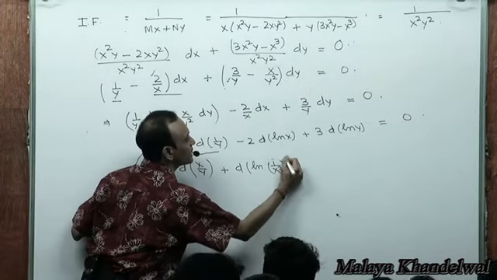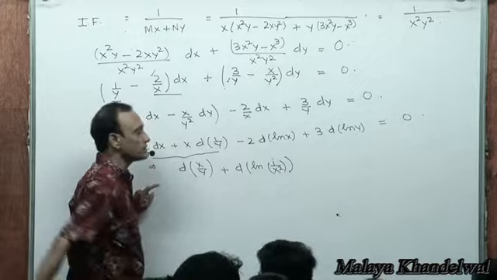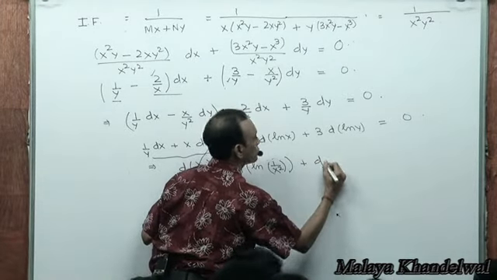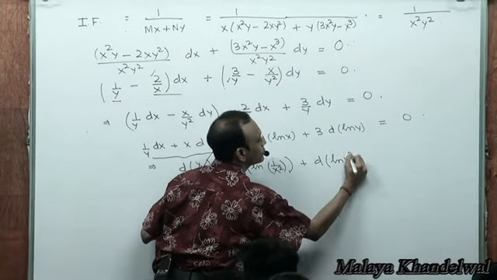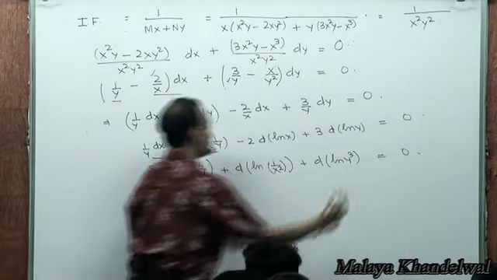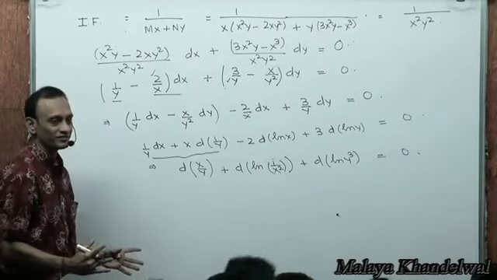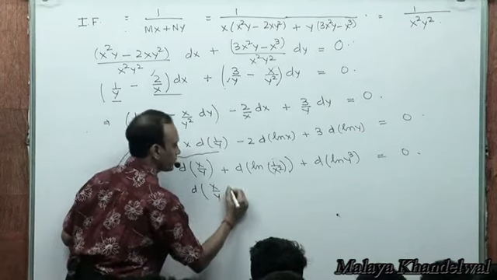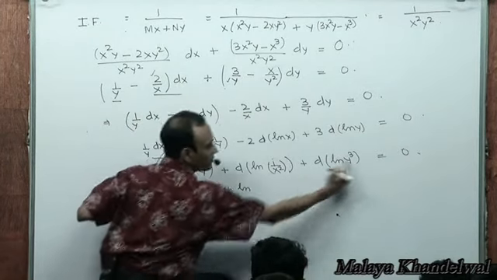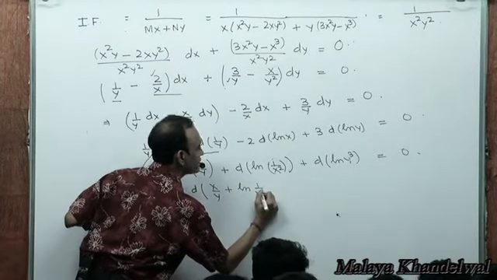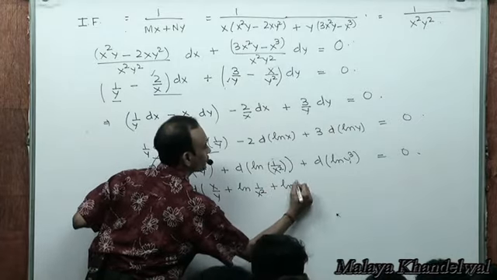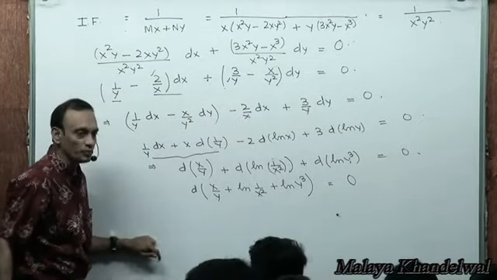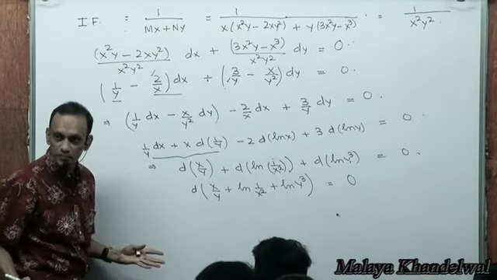I'm using up the minus sign also, minus 2, so d of log of 1 by x squared plus d of log y cubed equal to 0. Perfect differential now, isn't it? This is d of x by y plus log of 1 by x squared plus log of y cubed equal to 0. Yes or no? Perfect differential.